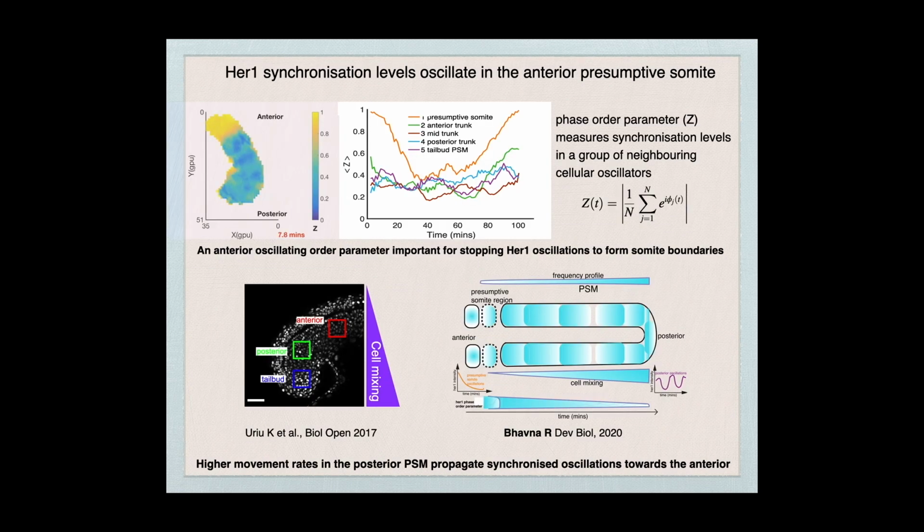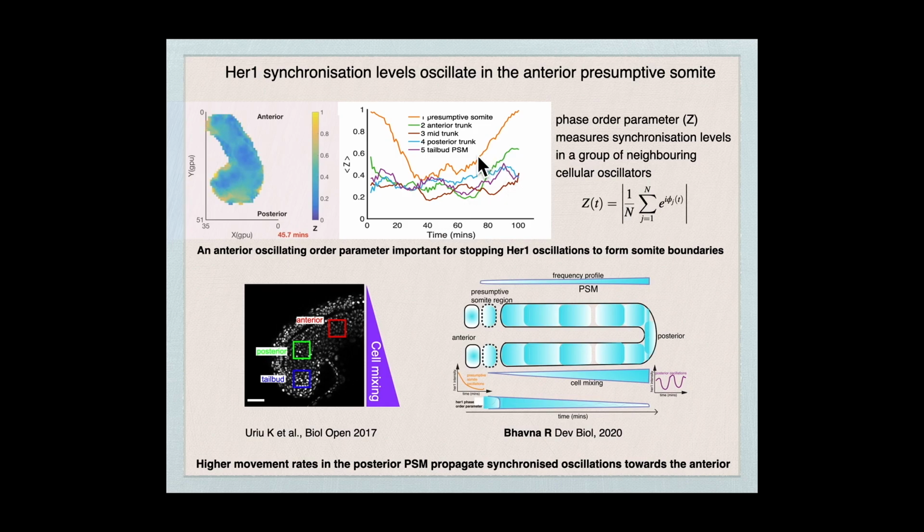We also computed the time evolution of the phase order parameter, a key quantity representing synchronization levels among an ensemble of oscillators. Our results indicated HER1 synchronization levels oscillate in the anterior presumptive somite region. That could be crucial, possibly for stopping the HER1 oscillations prior to formation of somite boundaries.